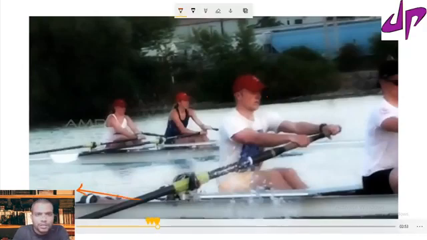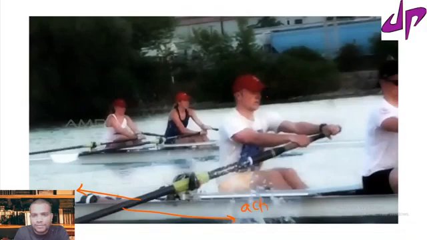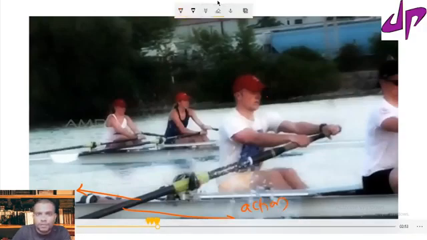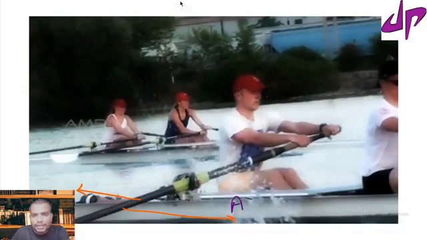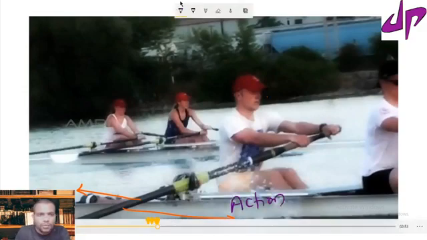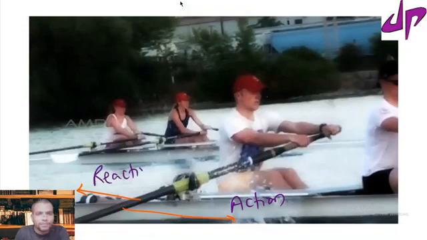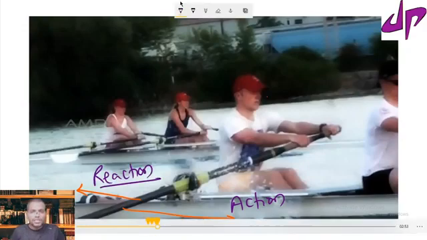He is pushing the water, so this is action, and the boat moves, so that is reaction. This is also one of the general examples for action and reaction.